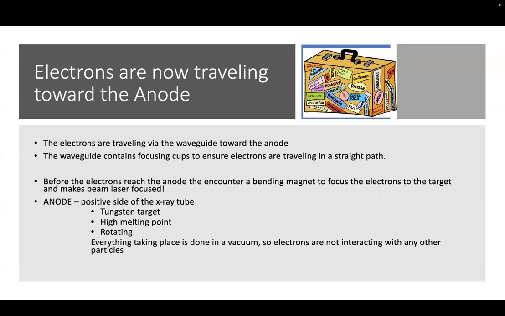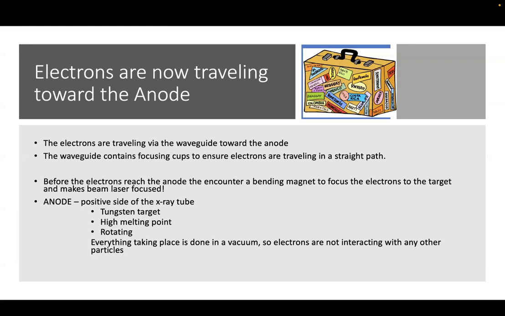Now, before the electrons reach the target, they go through a bending magnet. And what the bending magnet does is it focuses the electron stream to hit an area of the target that needs to be hit. So the anode, again, is the positive side of the X-ray tube.